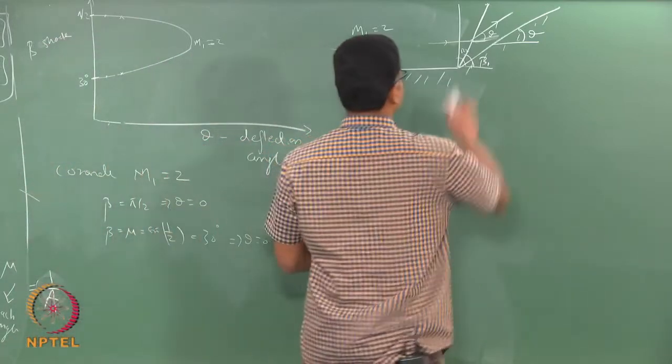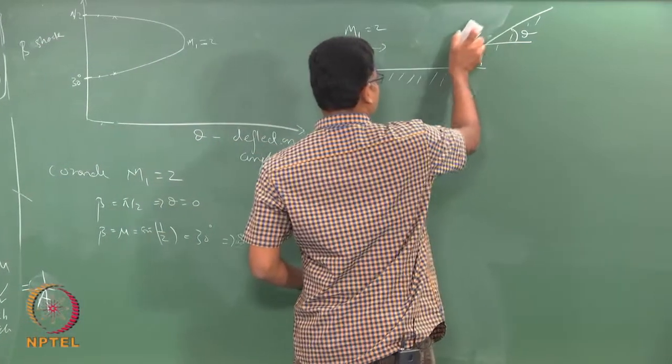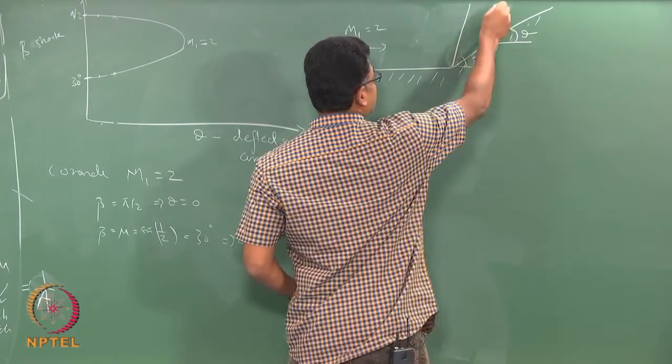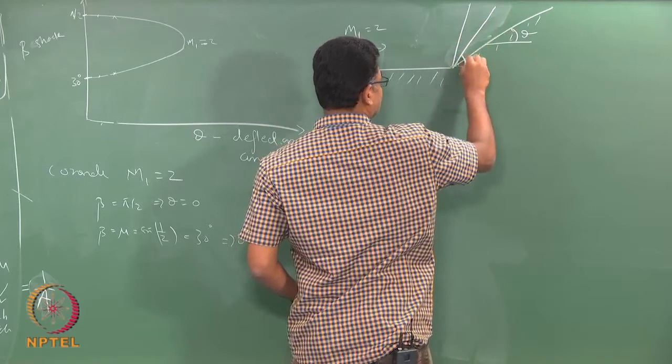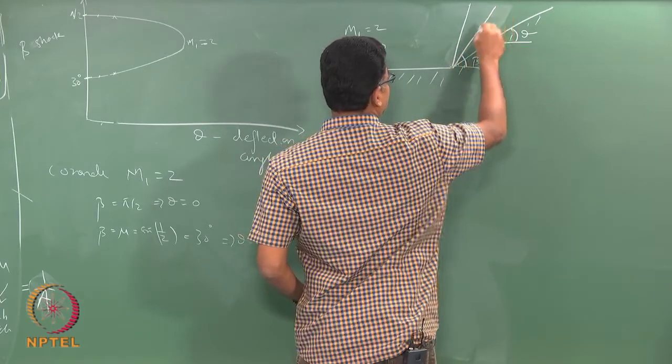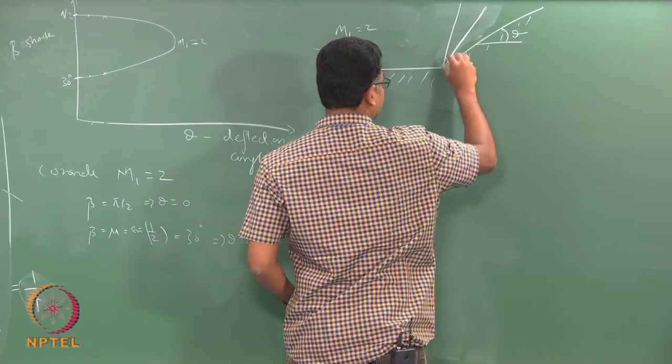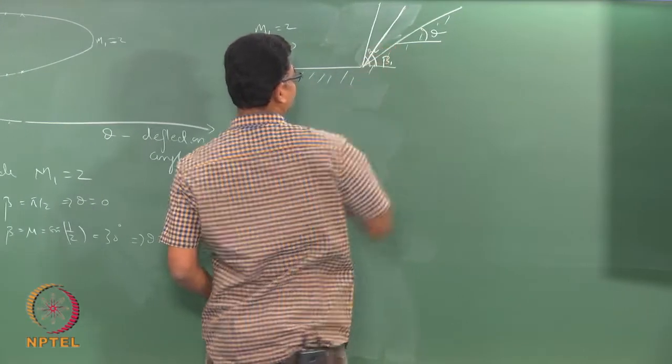So, to draw this a little more neatly, this would be this would be this. So, this is the first shock beta 1, this is the second shock beta 2. Okay.